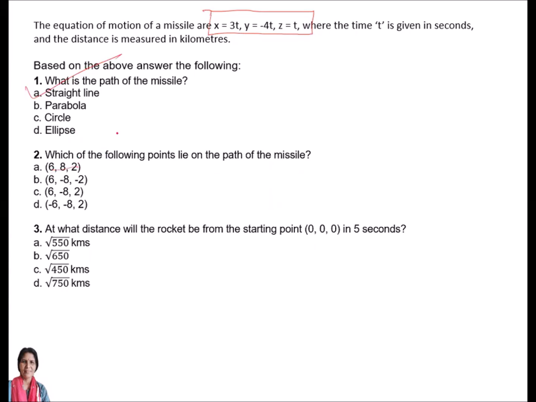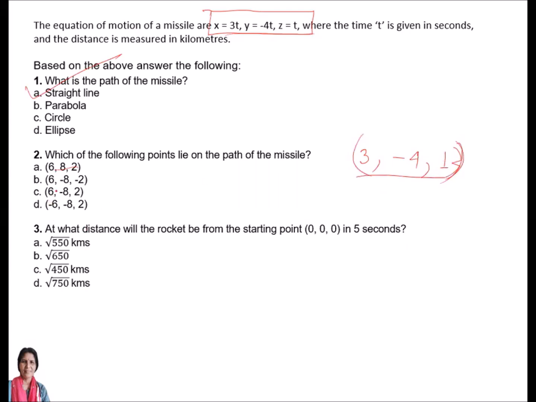Which of the following points lie on the path of the missile? Which point satisfies this equation? If I check x is equal to 6, that means t should be equal in each case. So we have 3, minus 4 and 1. You have to see whose ratio corresponds to this.